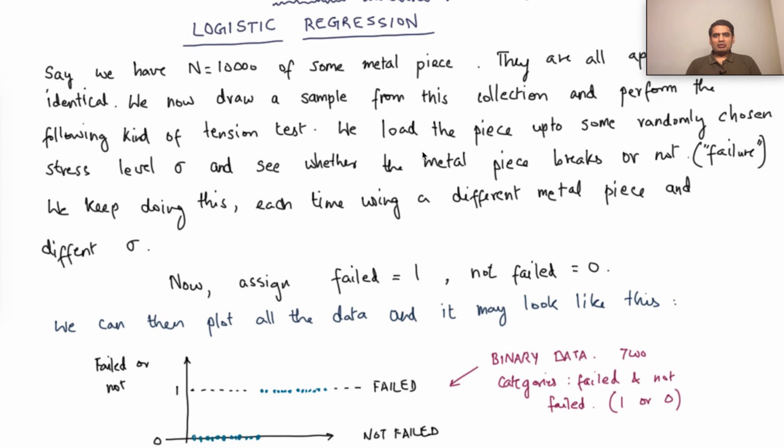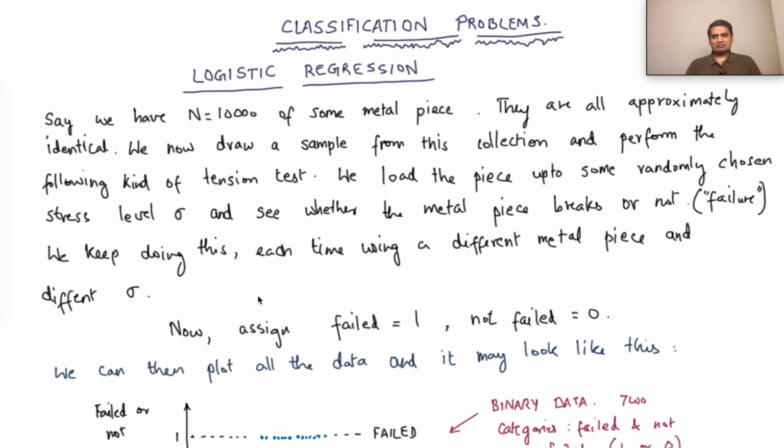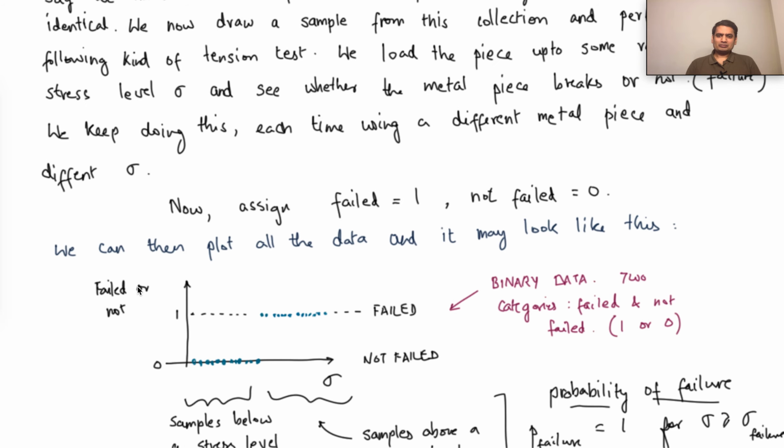Okay, the input, quote unquote, of this data set is the applied stress sigma. Very crudely, let's say it's uniaxial stress, just to simplify conceptually this data set. So what would be the kind of data that we might get?